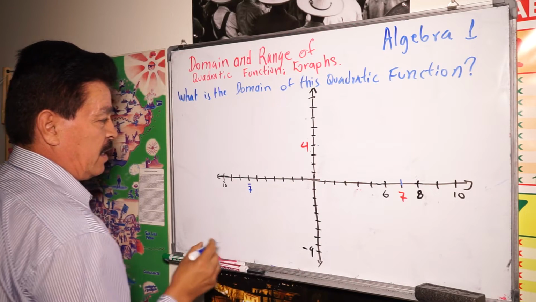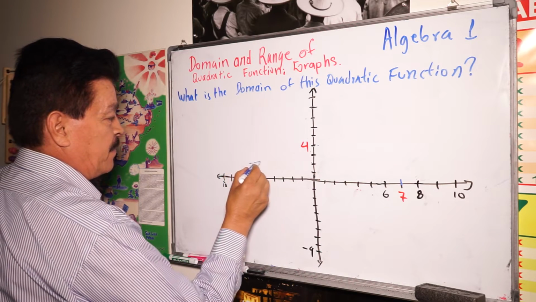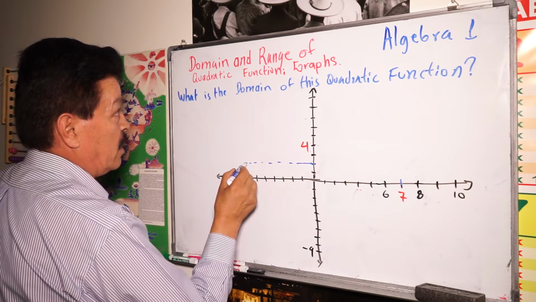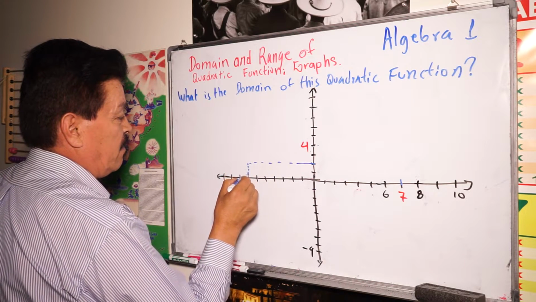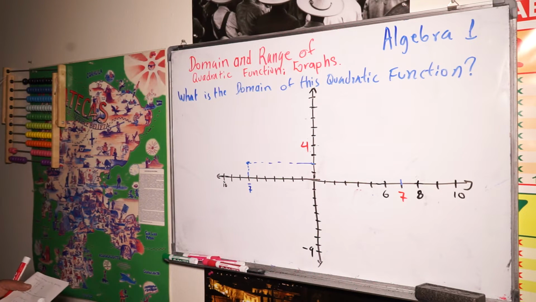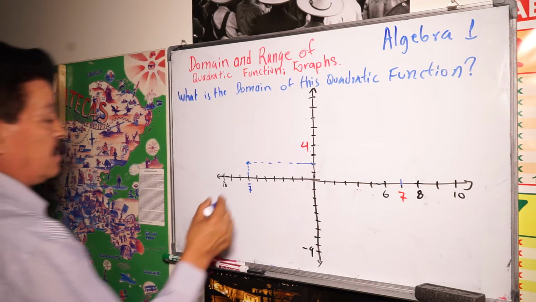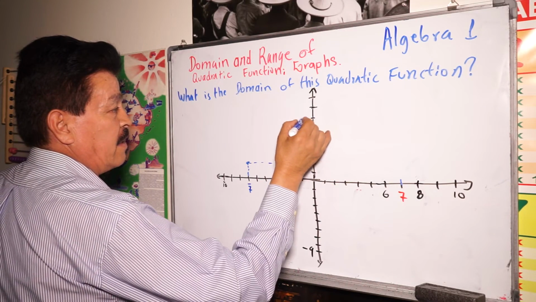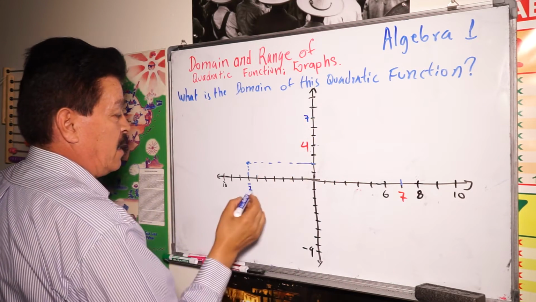I got a 7 right here, and then I'm going to drop this graph because now I'm going to show you where the range is. We are going to find the range right now. This graph, and 7 right here.